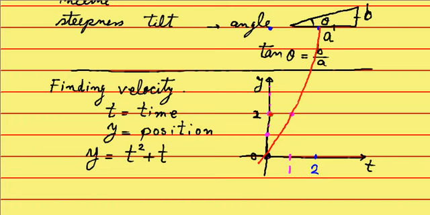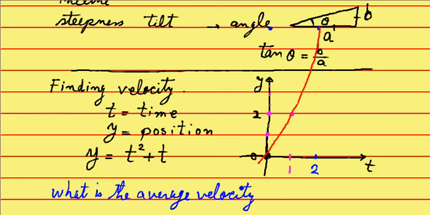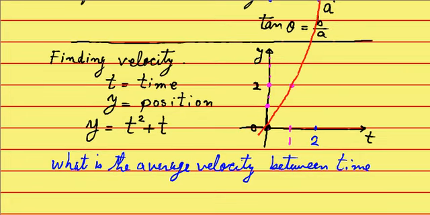Now let me ask you the following question. What is the average speed, let me call it average velocity, that's more official, between time t equals 1 and t equals 2?